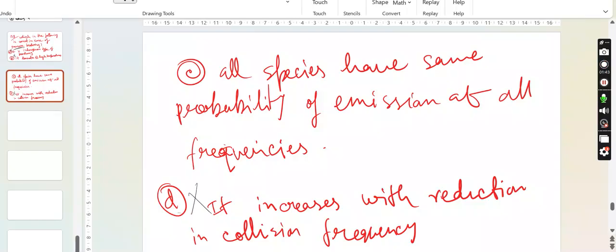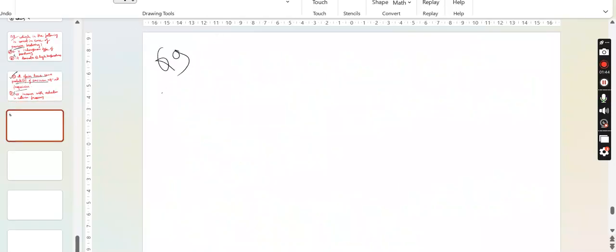It is associated with collisional effects rather than just temperature dominance. This is actually a homogeneous broadening, so all the species have the same probability of emission at all frequencies. So this is the correct answer.